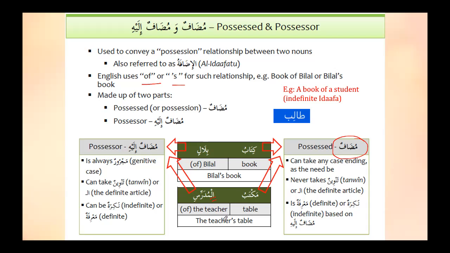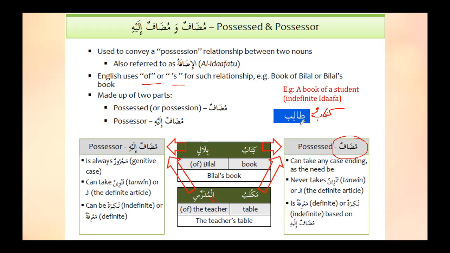Now, the mudaf and mudaf ilayhi can be indefinite. For example, what if I want to say a book of a student? Let's say that none of them are definite. Then what do you do? A book is kitab. So you would write kitab, and then you say a dhamma here.